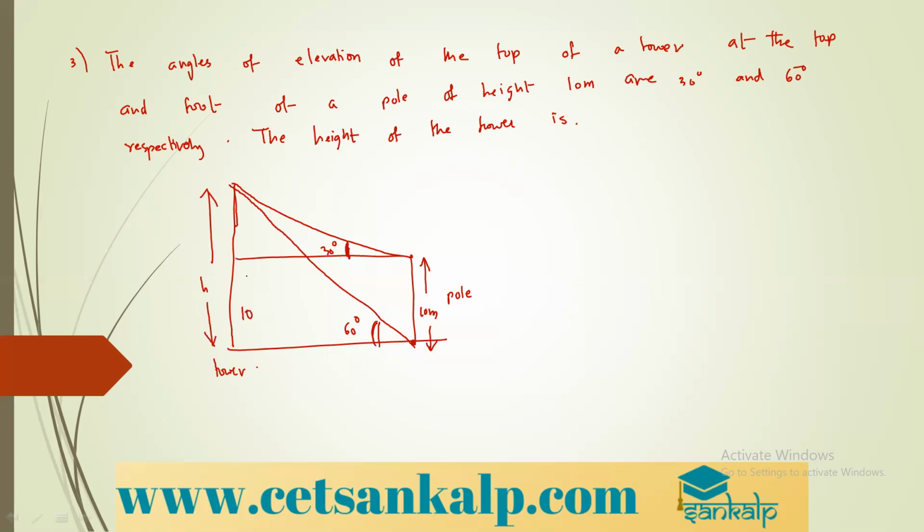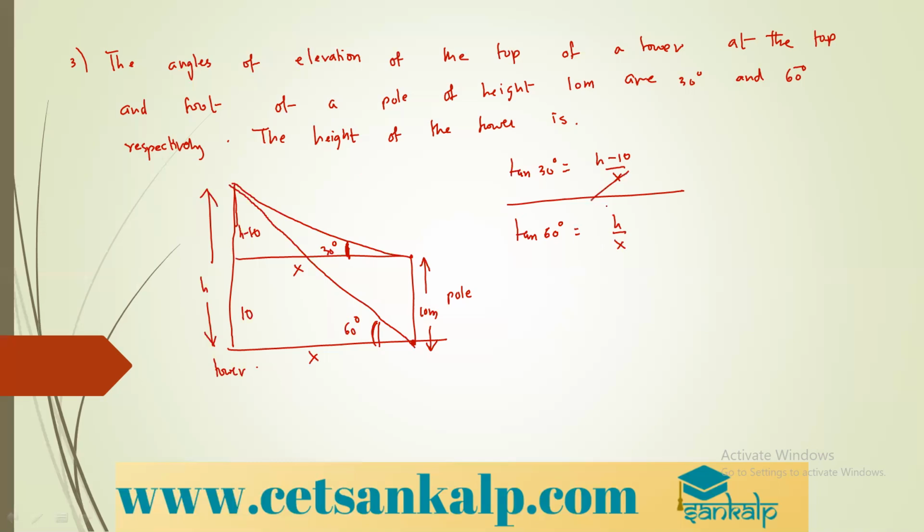So this is 10 and the upper part will be h minus 10. So if you take this distance as x and x, from the upper triangle, tan 30 degrees is h minus 10 by x. From the lower triangle, tan 60 degrees is h by x.